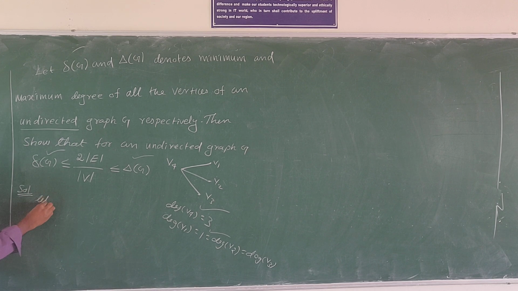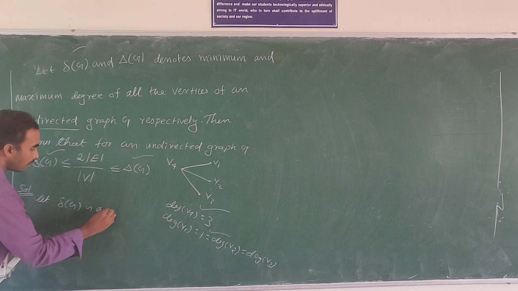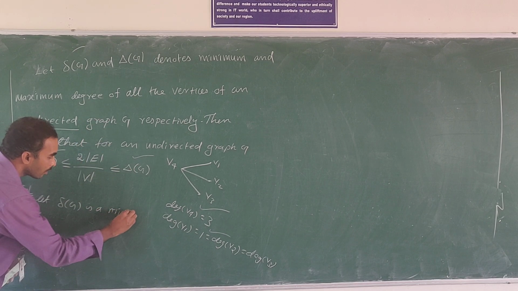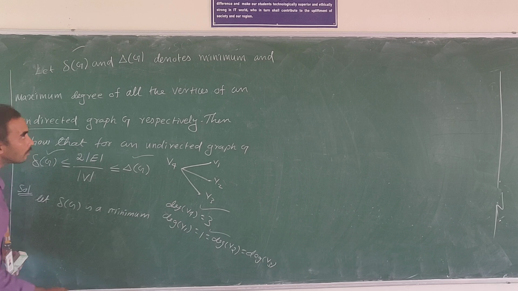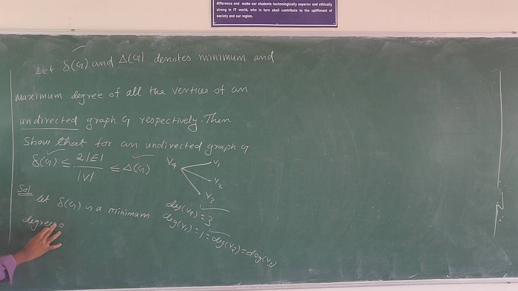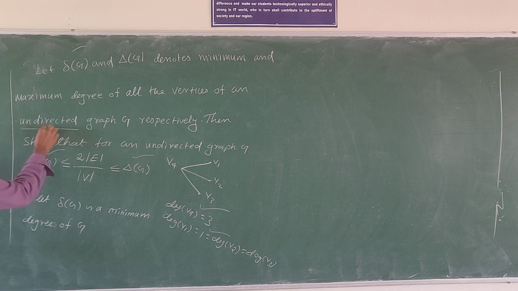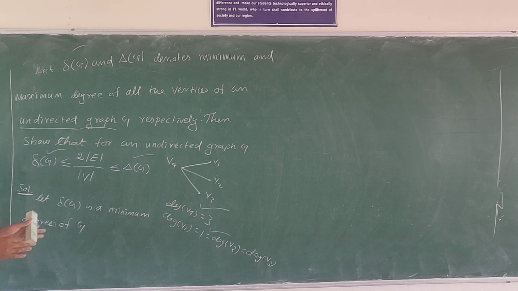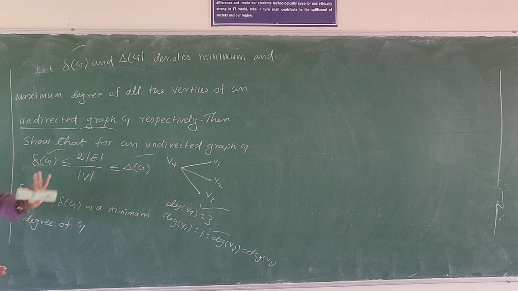First we have the solution. Let δG be the minimum degree of G. Here G is an undirected graph, not mentioned whether it is a simple graph or something else. Simply they said that it is undirected graph.